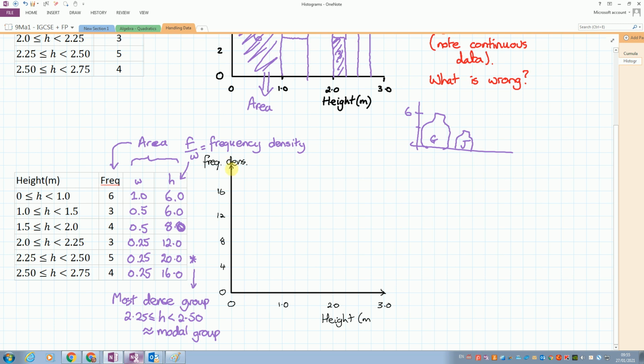Okay. Do the first group from 0 to 1. So we were still plotting using the same width, but now the height is 6. So that's my first group. That area is 6.